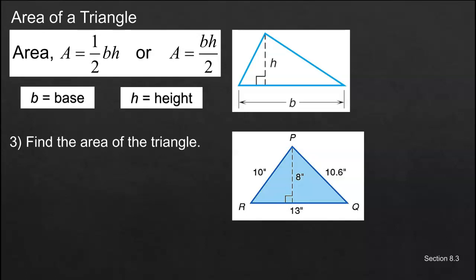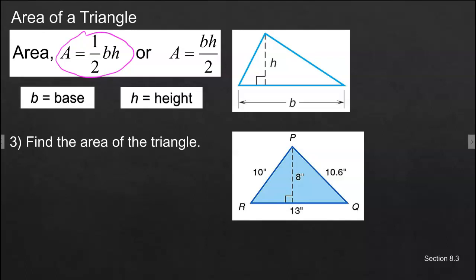Now, we're going to be talking about the area of a triangle. And we have it written a couple different ways. The one that I like the best is this one, 1/2 the base times the height. So that's usually what I'm going to use whenever I'm working the formula. But you can use either one.